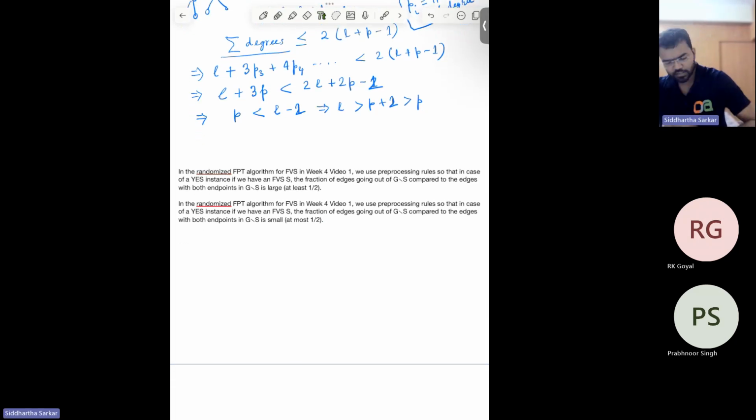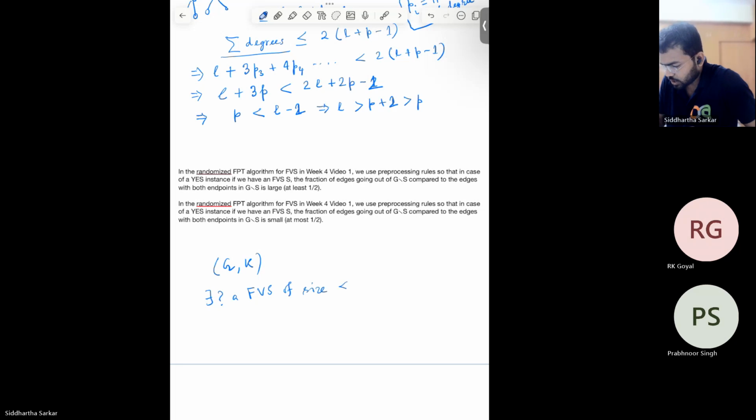So what has happened really in this randomized fixed parameter tractable algorithm? You are given a graph and a number k, and the question is, as usual, can you delete k vertices such that all the cycles are removed? So does there exist a feedback vertex set of size at most k?